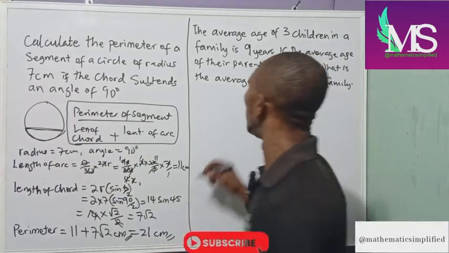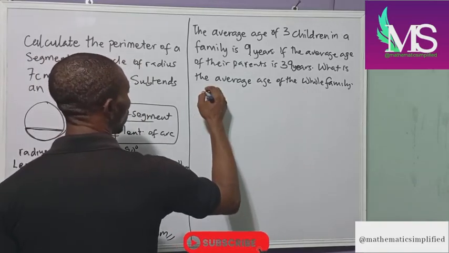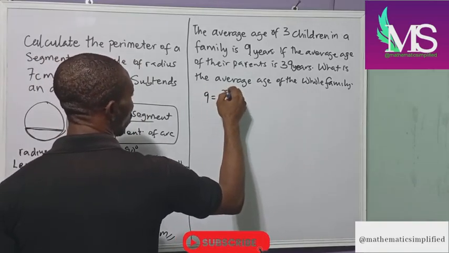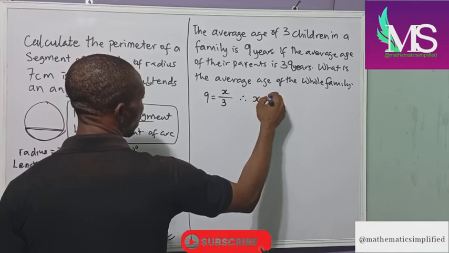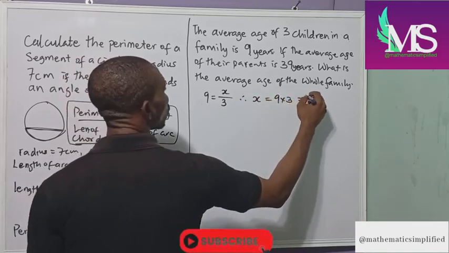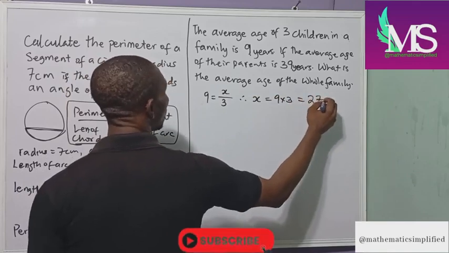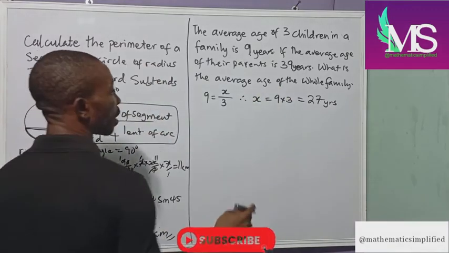For the 3 children, 9 equals x over 3. Therefore, x equals 9 times 3, which gives us 27 years.